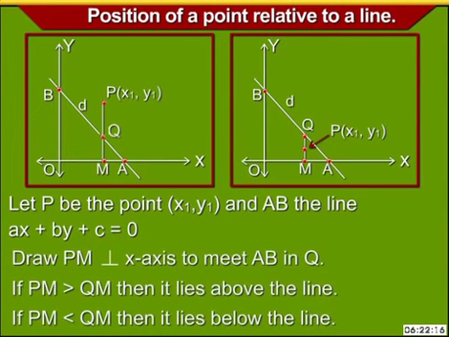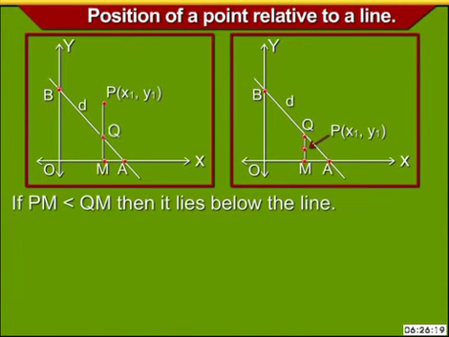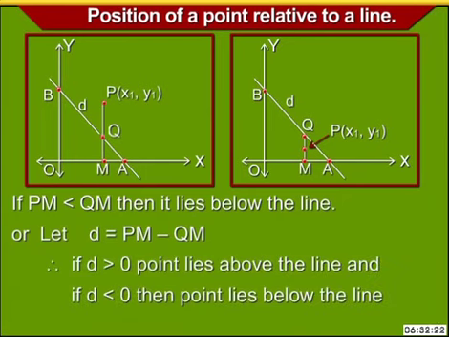If PM is less than QM, then it lies below the line. Or let D is equal to PM minus QM. Therefore, if D is greater than 0, point lies above the line, and if D is less than 0, then point lies below the line. It should be noted here, two points lie on the same side or opposite sides of the given line ax plus by plus c equal to 0.